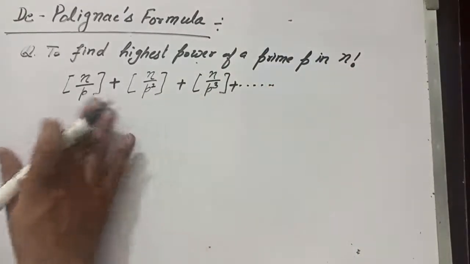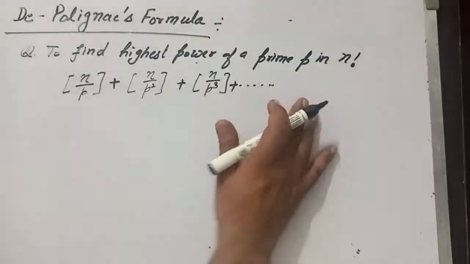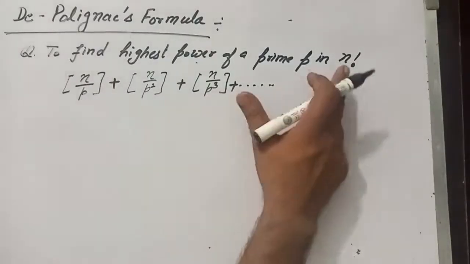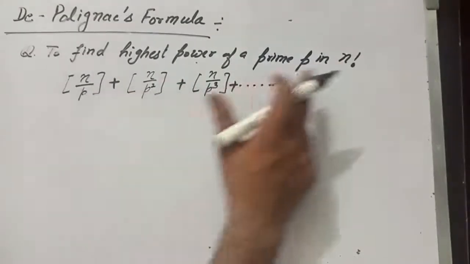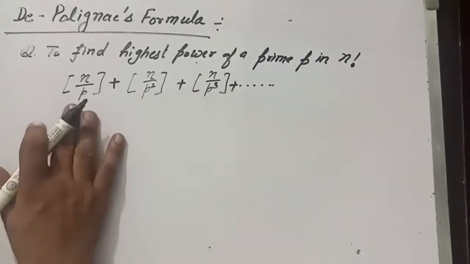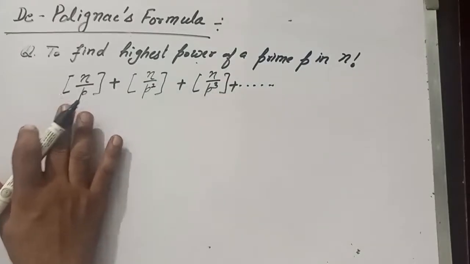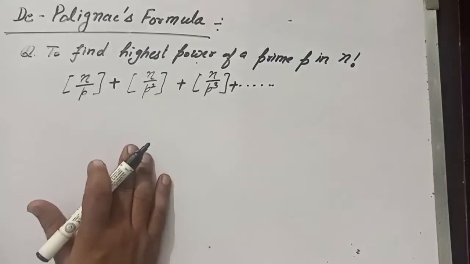So first we divide n by p, then n by p square, n by p cube, and so on, calculate the greatest integer in every step, and then add all these quantities.